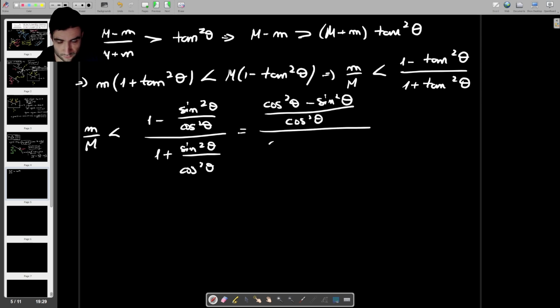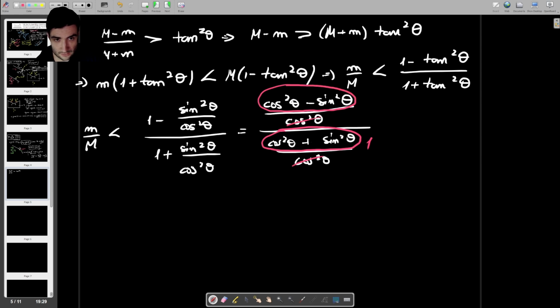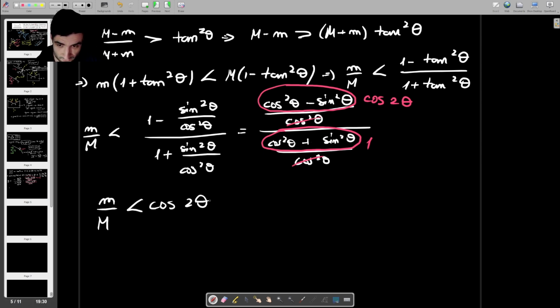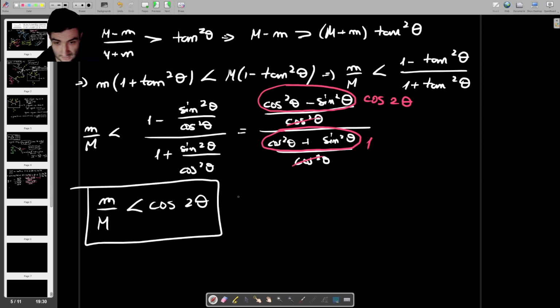So on the bottom, we're going to have cosine squared plus sine squared, which is 1, divided by cosine squared, which cancels with this one. This here is 1, and this here is cosine of 2 theta. So what we get in the end is that small m over big M has to be less than cosine of 2 theta.